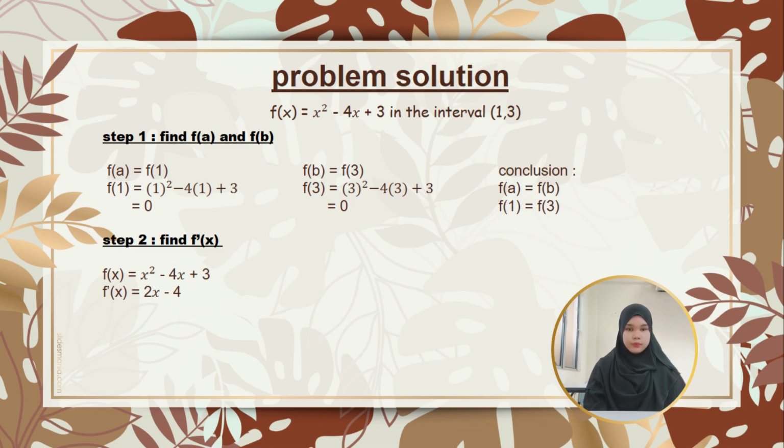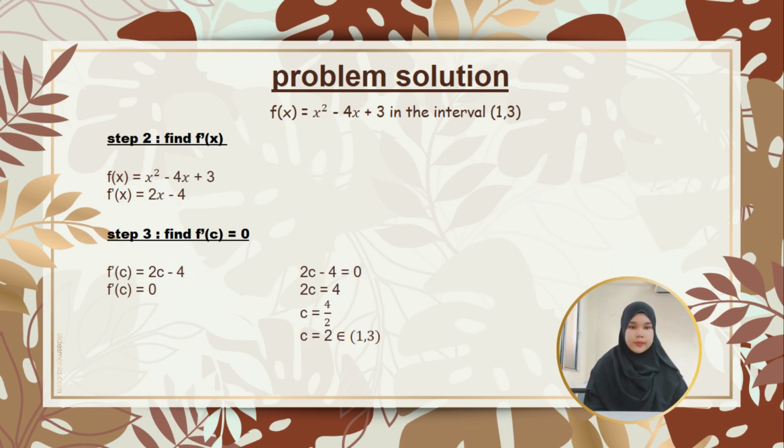For step 2, we need to differentiate f(x). After differentiating it, we will get f'(x) equal to 2x minus 4. Let's move to step 3, where we need to find f'(c) equals 0. First, we convert f'(x) to f'(c). Then, we get f'(c) equal to 2c minus 4.